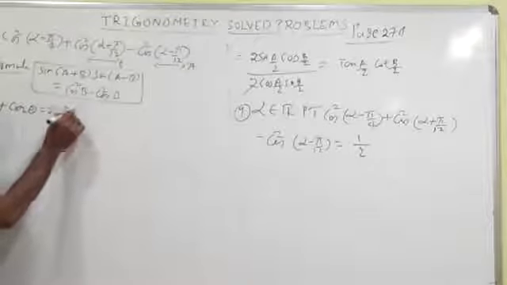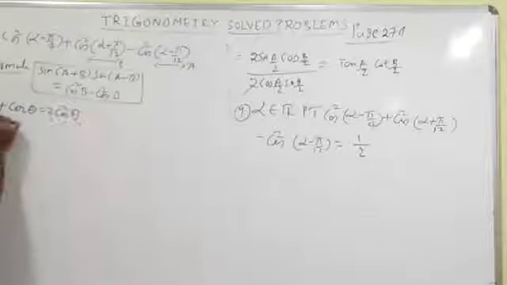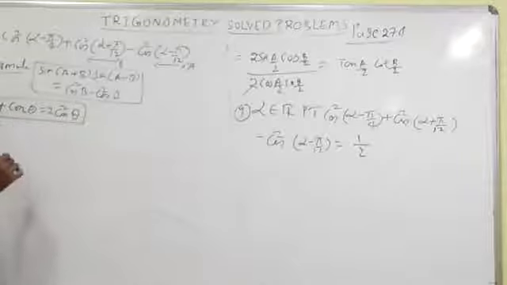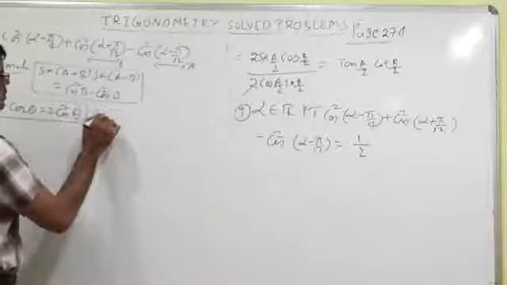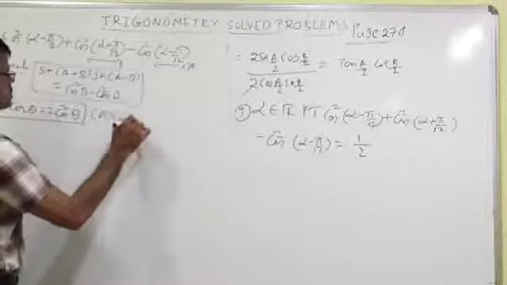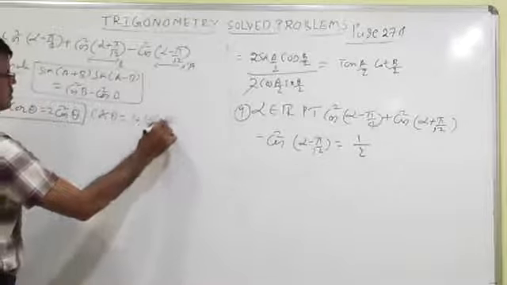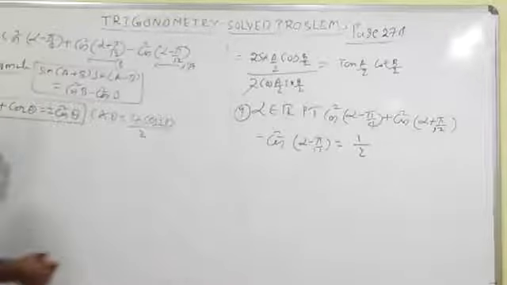In terms of cos, 1 plus cos 2 theta is 2 cos square theta. So, in the similar way, cos square theta is equal to 1 plus cos 2 theta whole by 2.